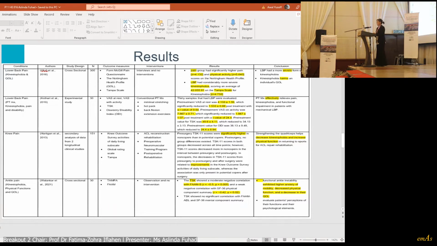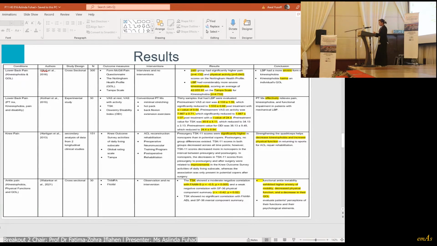The 2 lower back pain papers conclude that lower back pain had a more severe form of kinesiophobia, and kinesiophobia harms an individual's quality of life. Physiotherapy management effectively relieves pain, kinesiophobia, and functional impairment in patients with mechanical lower back pain.